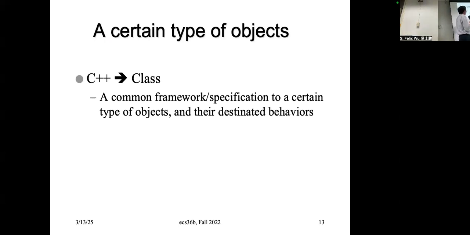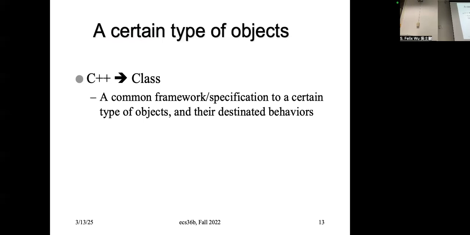A class is a common framework or specification for a certain type of object and their designated behavior. This part is new. I already said it's a type of object, but the other thing is why I put those objects in the same type or the same class: they share a set of given behavior.